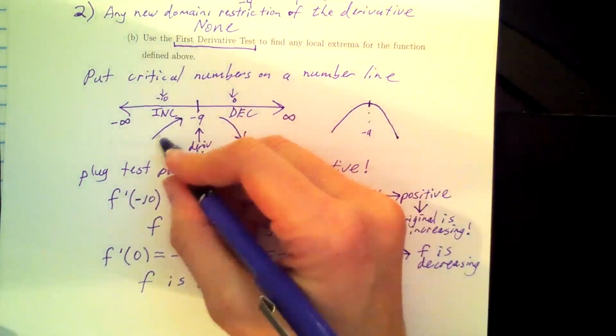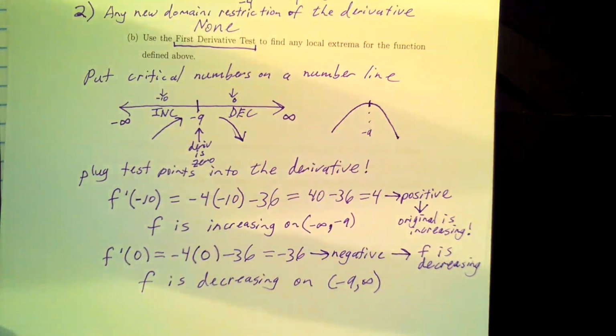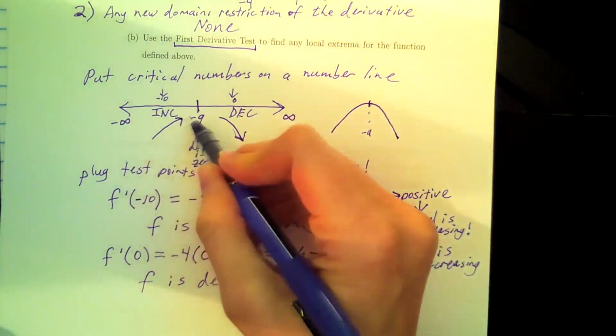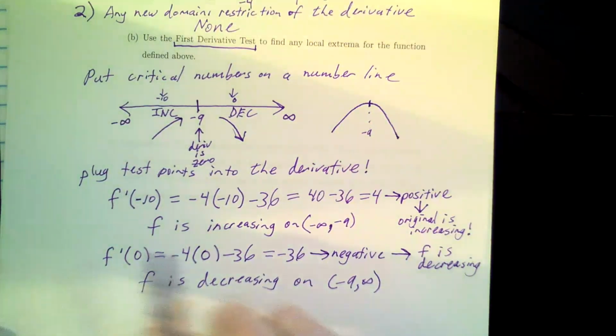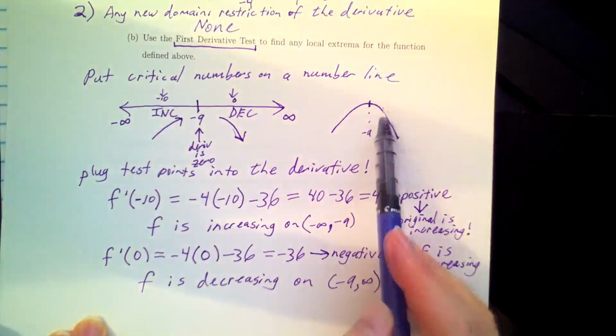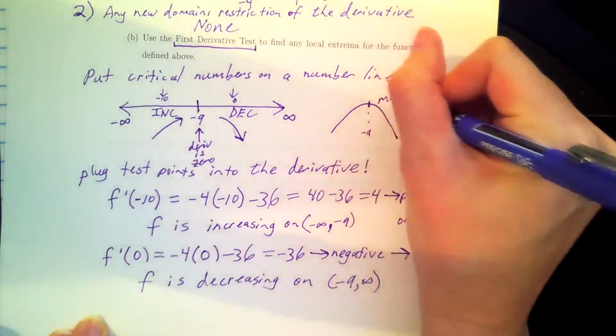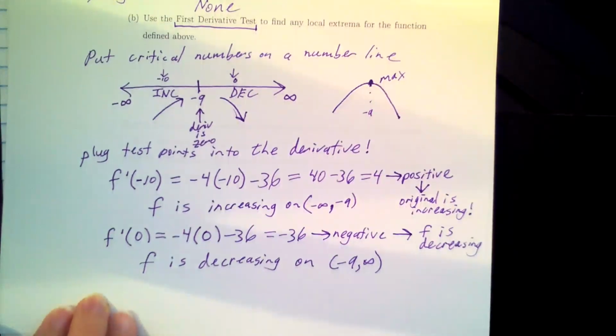That means I have to have a turning point, a local maximum. My function's going up and it's going down after that x value. So that means there has to be a turning point. Goes up and then goes down, up and then down. There has to be a max. So somewhere above x equal -9, it's going to be a maximum.